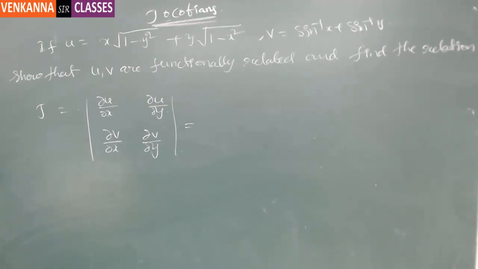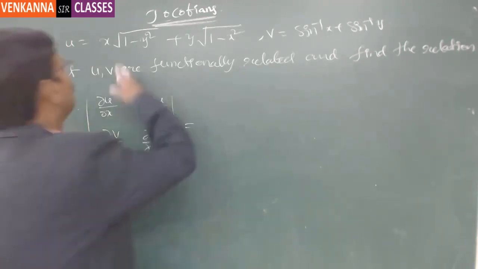So these two are functionally dependent. So u is equal to sin v is correct. Why? Because the Jacobian is vanishing, right? So what is the functional relation between these two? From here itself you can get to know that.